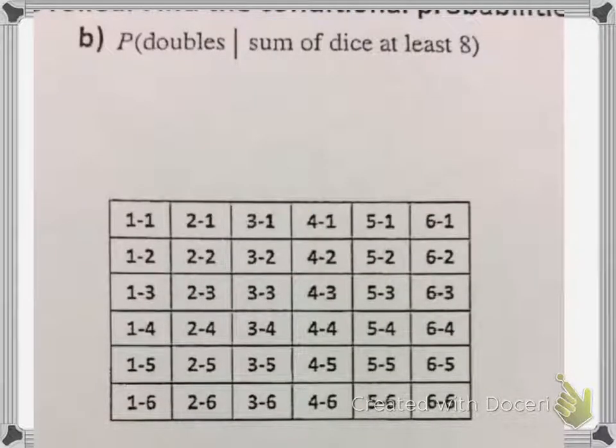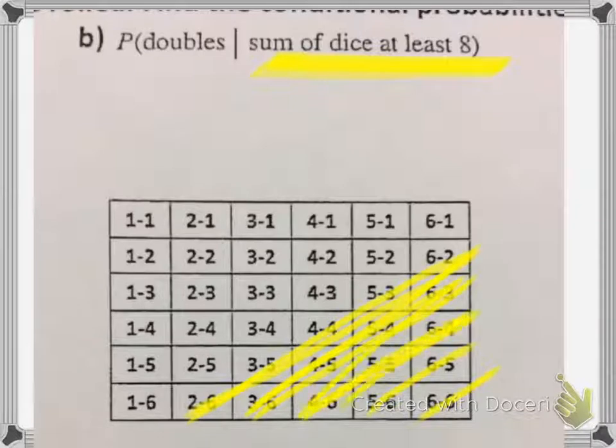On the second one here, it says find the probability of doubles if the sum of the dice is at least 8. So again, this probability has to happen first. So I know that my dice have to add to 8. So these are the ones that add to 8, and then 9, 10, 11, and 12. So just to see these probabilities right here, this would be the number that would be possible out of the first probability that needs to occur.